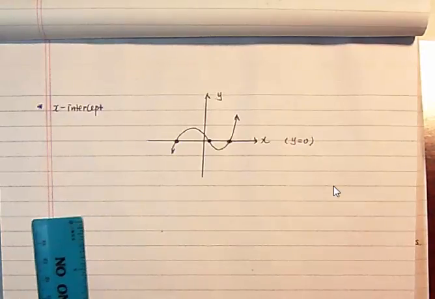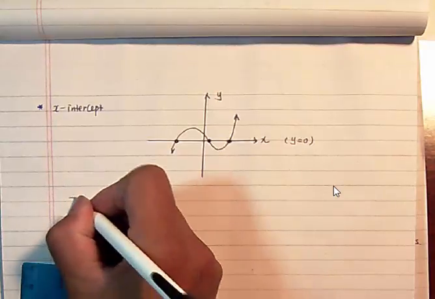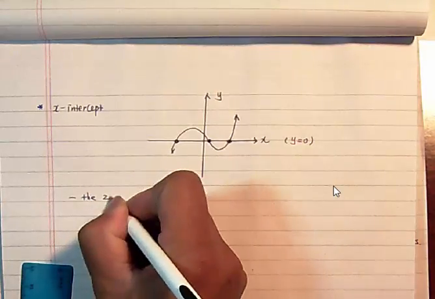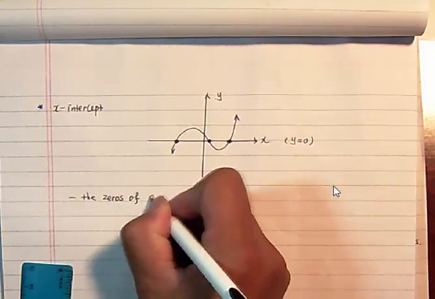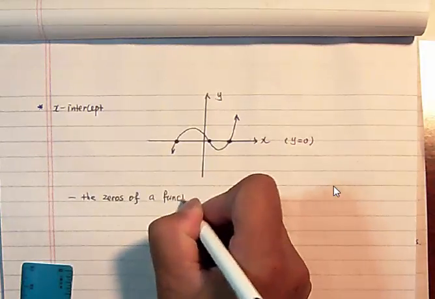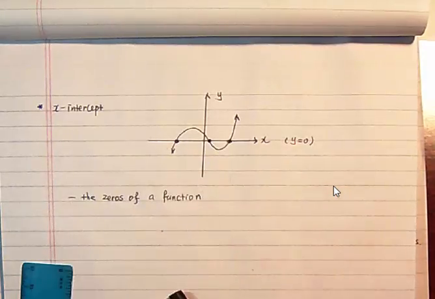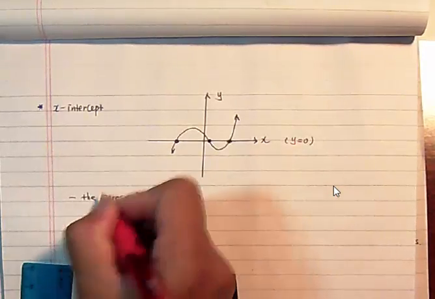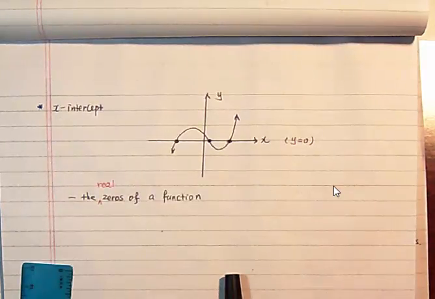So therefore, x-intercepts, sometimes we can understand them as the zeros of a function. Well, that is not really complete. I need to add some restriction, that is called the real zeros of a function.